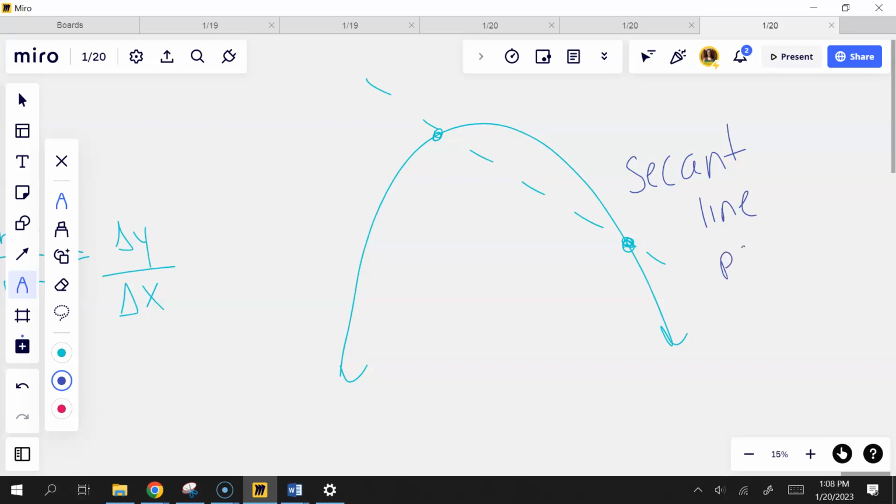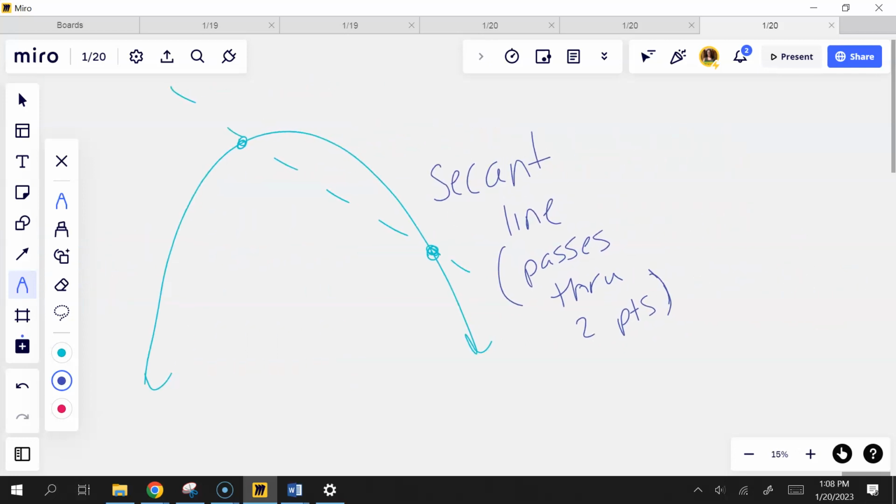A secant line just passes through 2 points. Okay, so why don't they just call it a line? Why don't they just secant? Yep. So AROC, or average rate of change, is the slope of the secant line. That's it. If I want to know what the average rate of change between these 2 points is, I find the slope. That's it. There's nothing any more difficult to it than that.